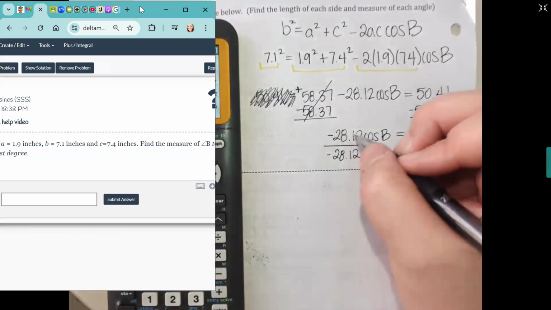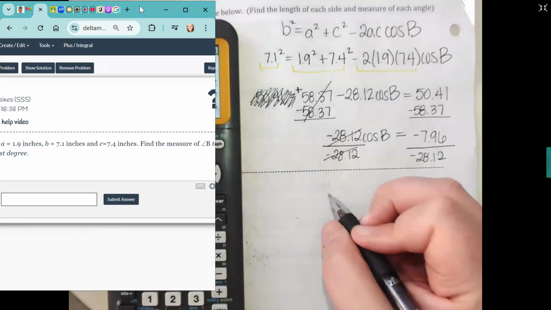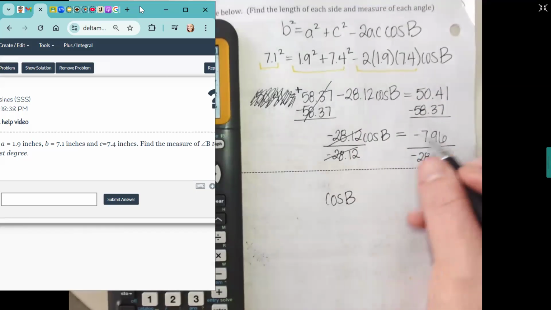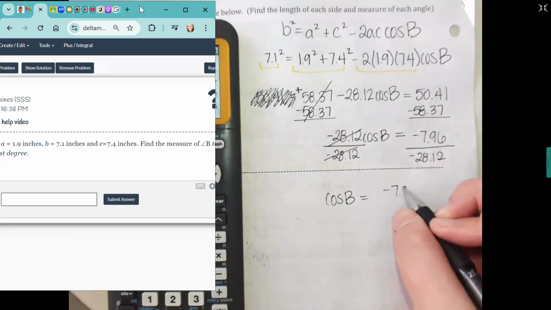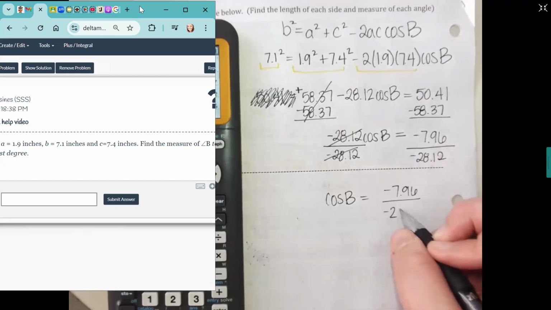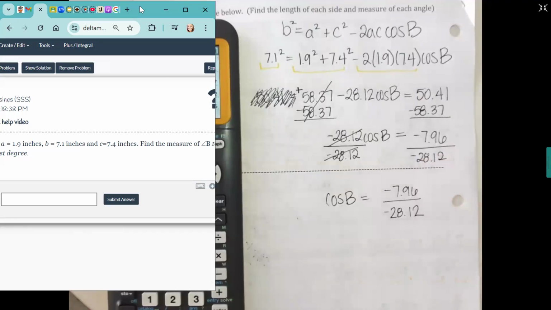Then from there, I have my cosine B equals that little fraction over there, negative 7.96 over negative 28.12. Now, quick question here. It doesn't matter if you fix it or not, but if I have a negative divided by another negative, it's really a positive. But if you leave it like this, your calculator doesn't care.